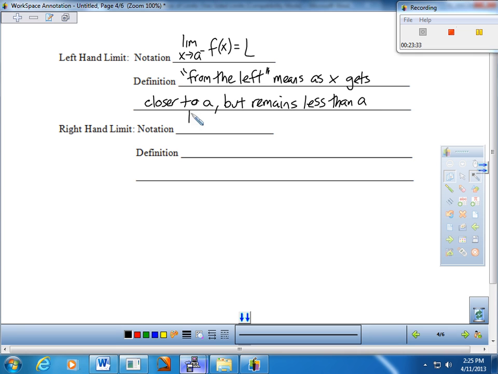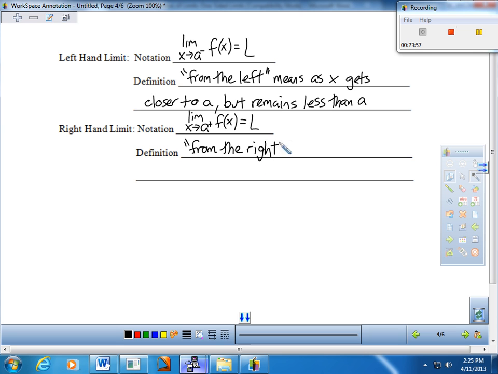Cool. You could probably imagine what's going to happen here, everybody, so let's get it in. From the right, we have a little plus sign up there. So that's how we would read this. Limit as x approaches a from the right. And you can probably envision what type of numbers in relation to a that would represent. So let's get that in and move forward. Here we go, from the right.